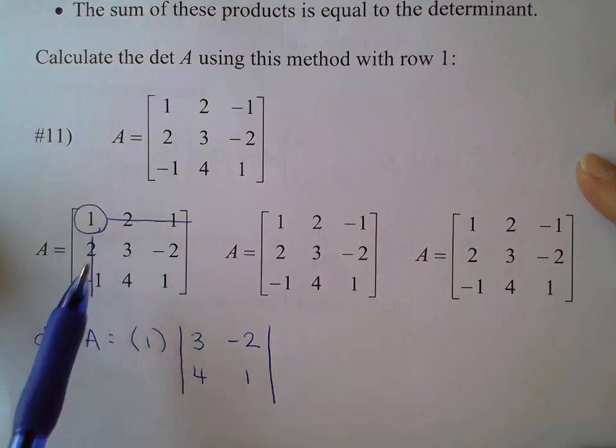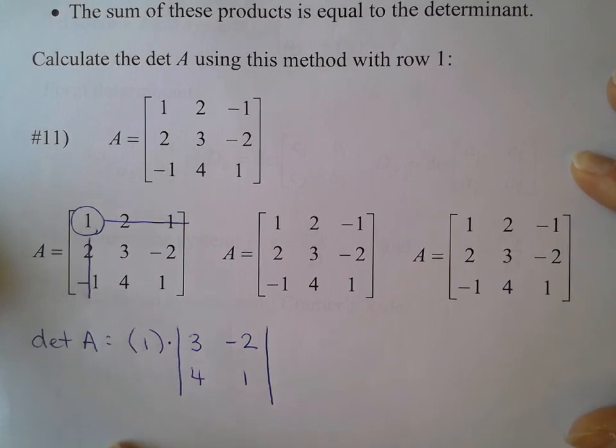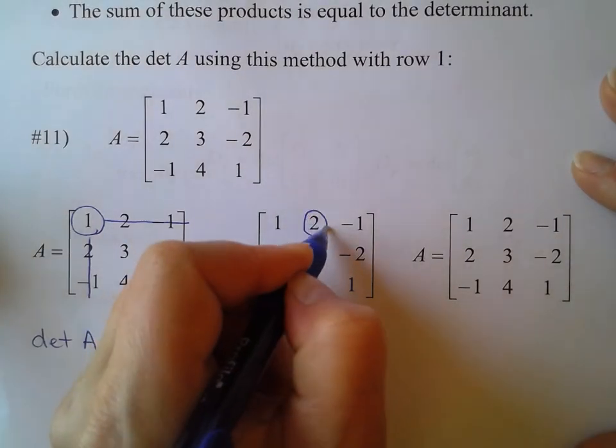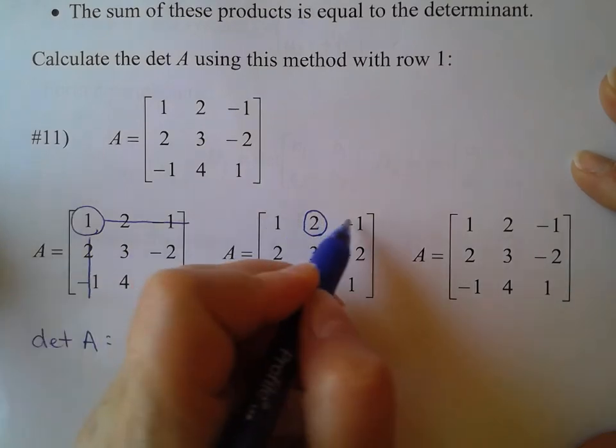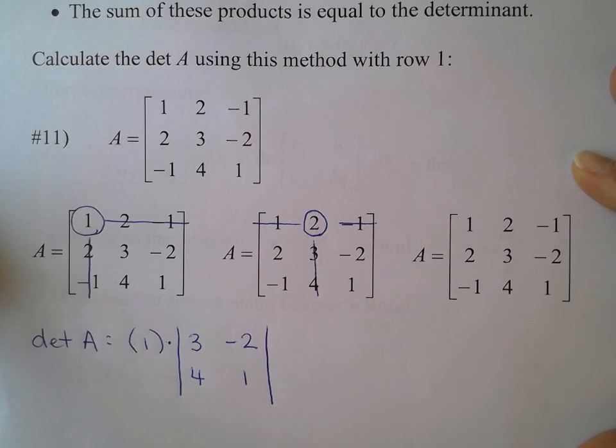Okay, so that's step one. I take the first element, delete its row and column, and then I'm going to multiply it by the determinant of this leftover matrix. Second, I'm going to take the second element in that same row. I'm going to delete its row and column. Remember we said we're going to alternate sign. So most of the time we're going to be doing a 3 by 3.